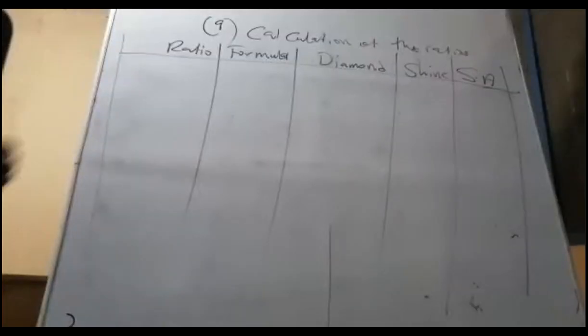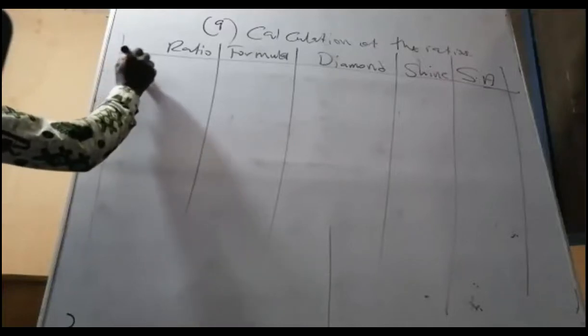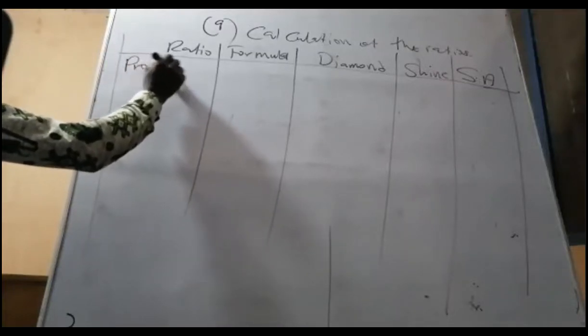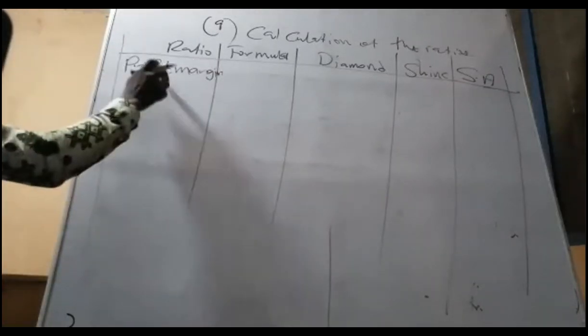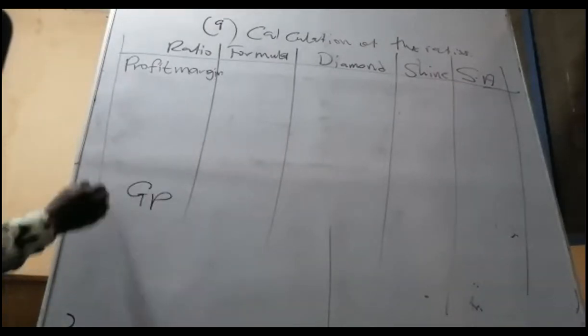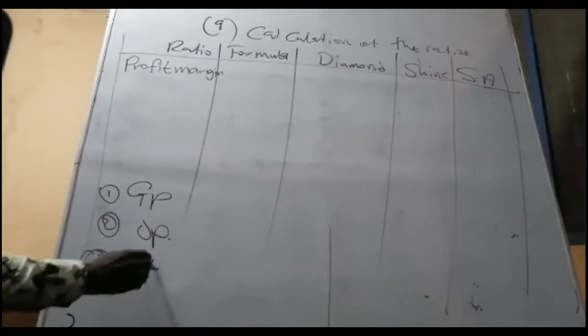So here, I'll tell the examiner, I am calculating profit margin. The examiner, wait and see my action. What's the formula for finding profit margin? Which of the profit? There are so many types of profit. We have one, gross profit. We have two, operating profit. We have three, net profit. Which of these are they talking about?